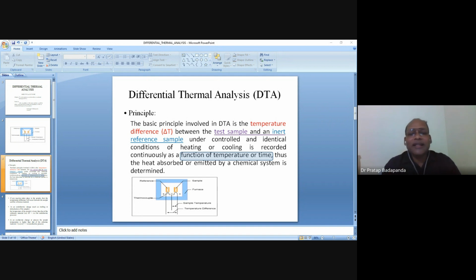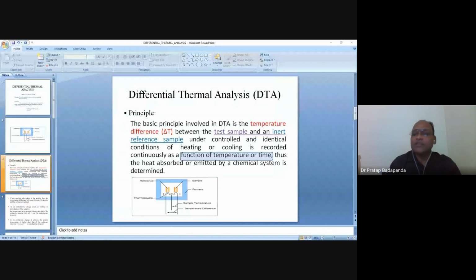Thus heat is absorbed or emitted. It depends upon the substance whether heat will be absorbed or emitted by the substance, because, as you know, there are endothermic reactions and exothermic reactions. So depending upon the situation, the heat is absorbed or emitted by the chemical system, depending on which chemical compound you are using.